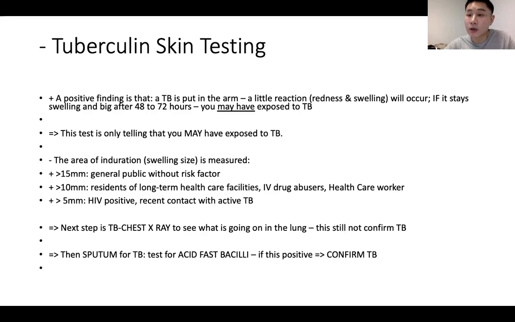And then in order to confirm that we have TB, we do a sputum test. This sputum test will test for acid-fast bacilli. If the test comes back positive, meaning that there is acid-fast bacilli in our sputum, it means that we have tuberculosis.